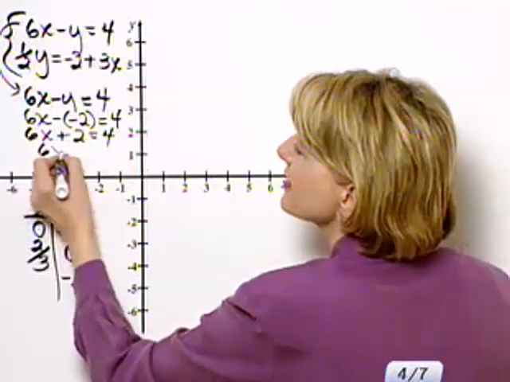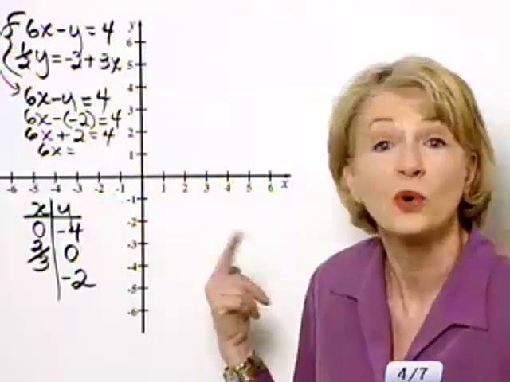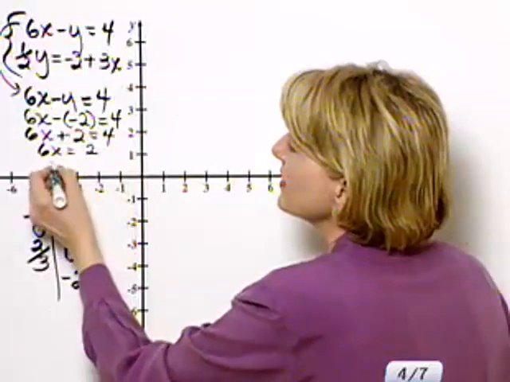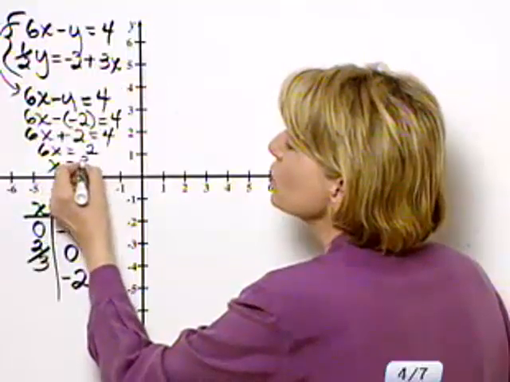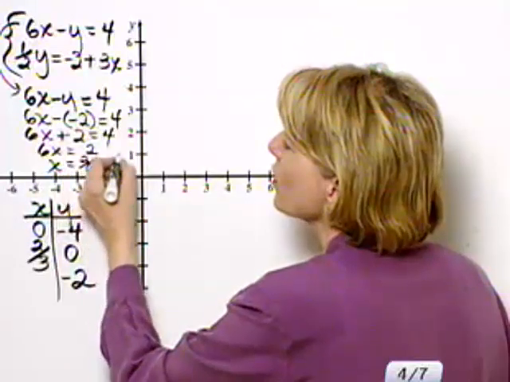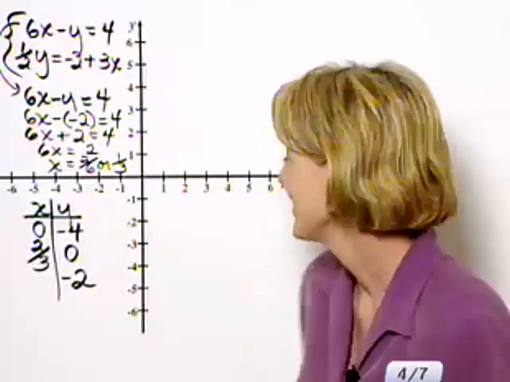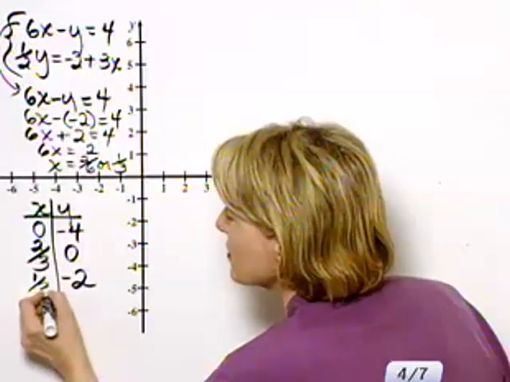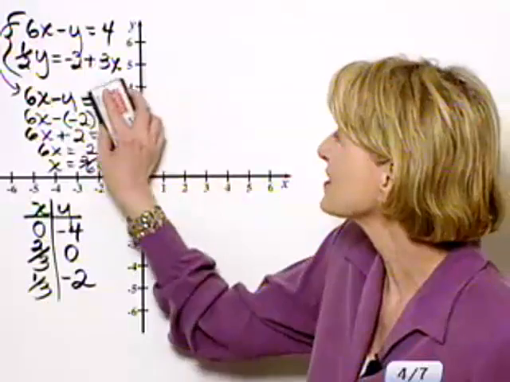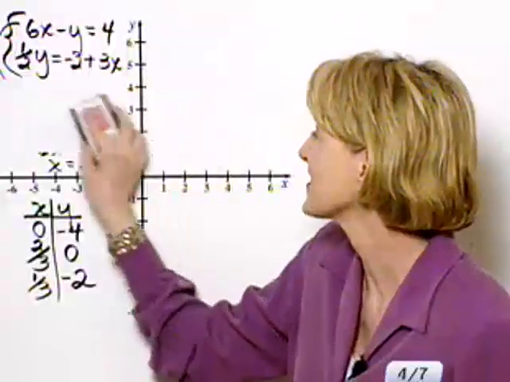We have 6x is 4 minus 2, or 2. And then x is 2 over 6, or just happens to be another fraction, 1/3. Now let's see if we can graph this correctly with these fractions.